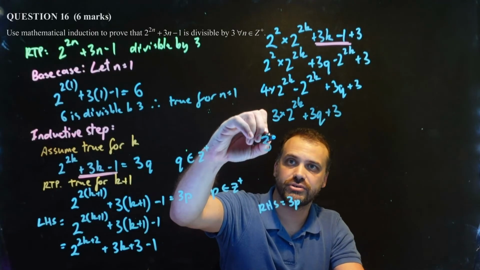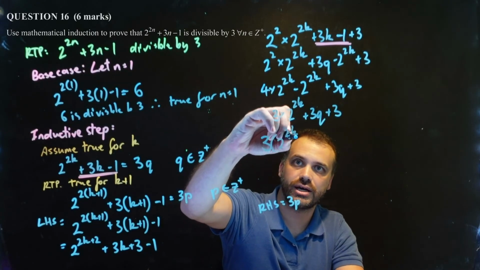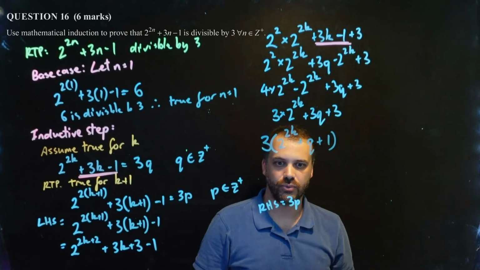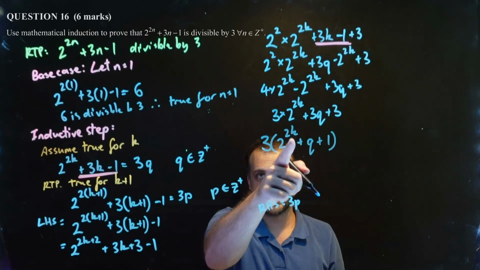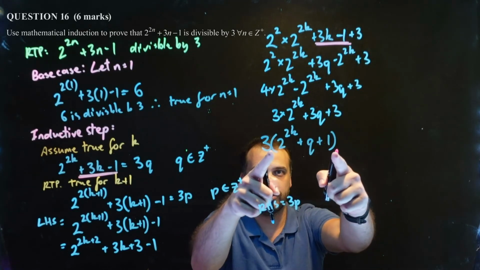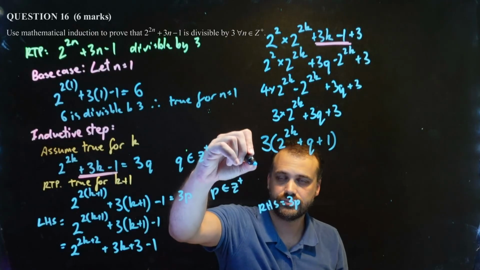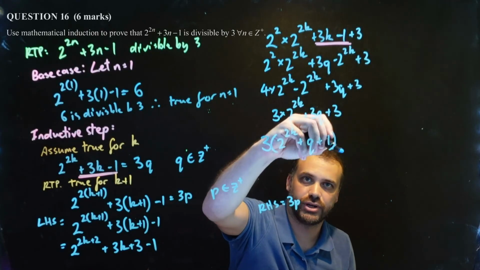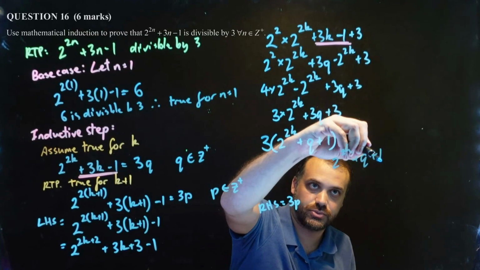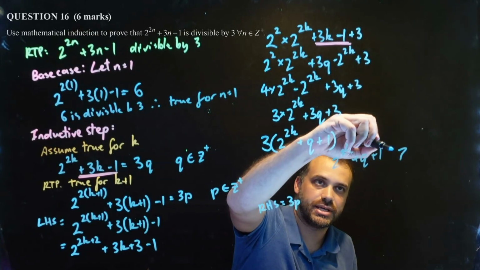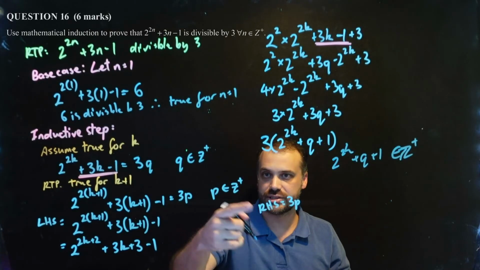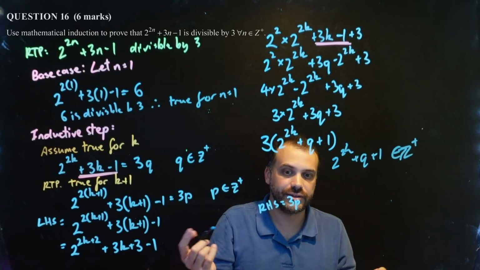I can factorize this as 3 times (2 to the 2k plus q plus 1). k is an integer, q is an integer, 1 is an integer, therefore all of this is an integer. And I can write this over here: 2 to the 2k plus q plus 1 is in the set of positive integers. And then I'll just let it equal p.